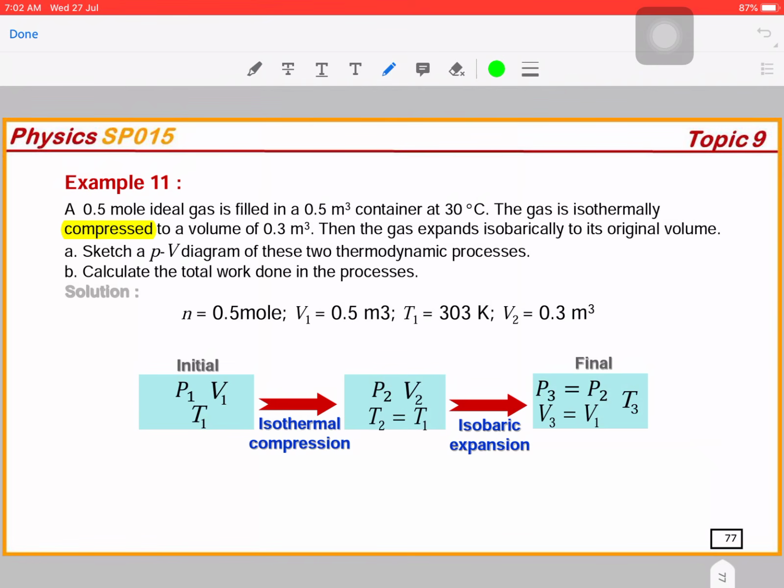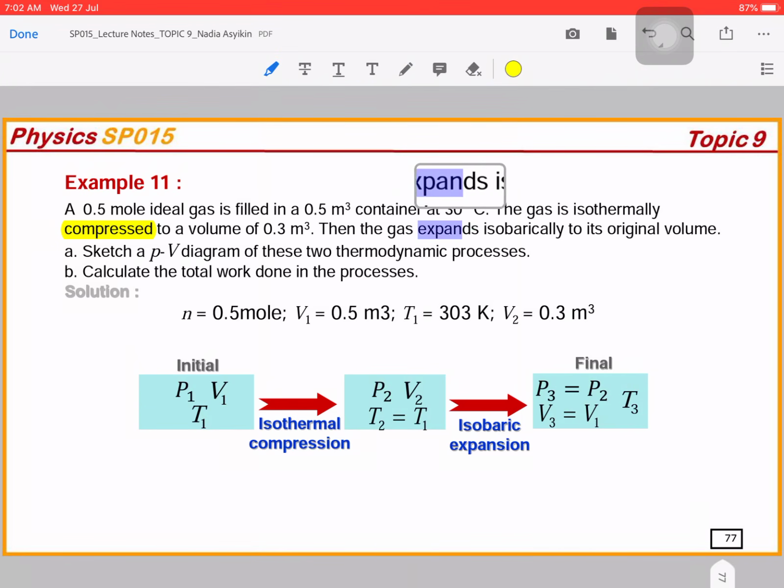Okay, then the gas expand isobarically to its original volume. A. Sketch a PV diagram these two thermodynamic process, and B. Calculate the total work done in the process.